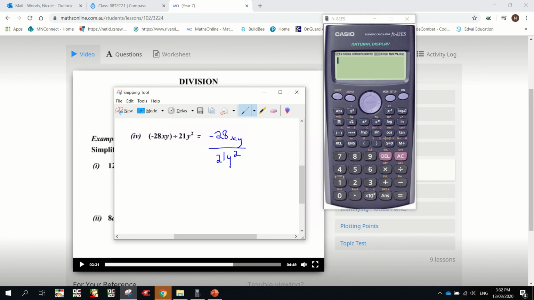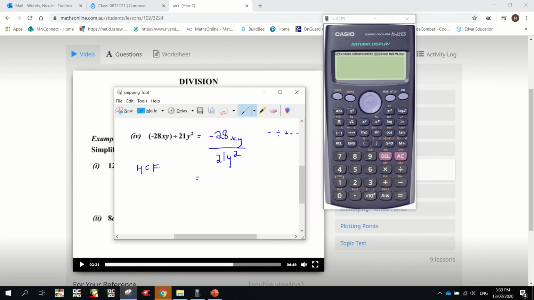Better make that look like a 1. Okay. Now, remember, negative divided by a positive is going to give us a final answer that is a negative. Okay, let's go. Okay, 21 doesn't go equal to 28, so we have to find its highest common factor.